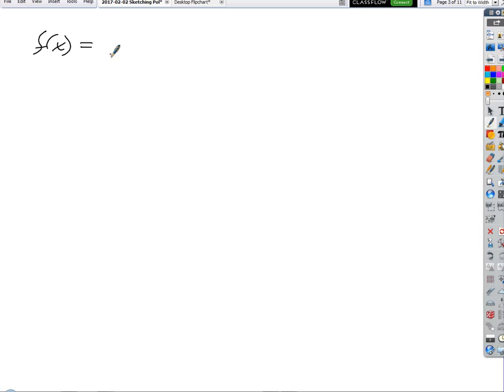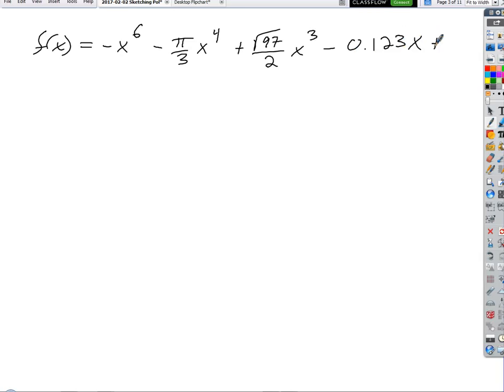We've got f of x equals negative x to the sixth minus pi over 3 x to the fourth plus the square root of 97 over 2 x cubed minus 0.0123x plus square root of 2. Complicated polynomial. If I want to know the end behavior, though, what part do I consider?